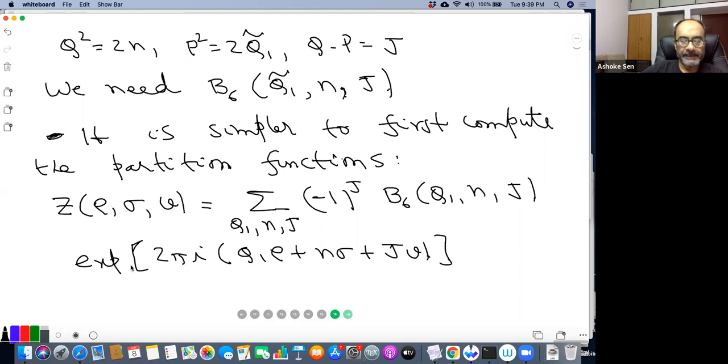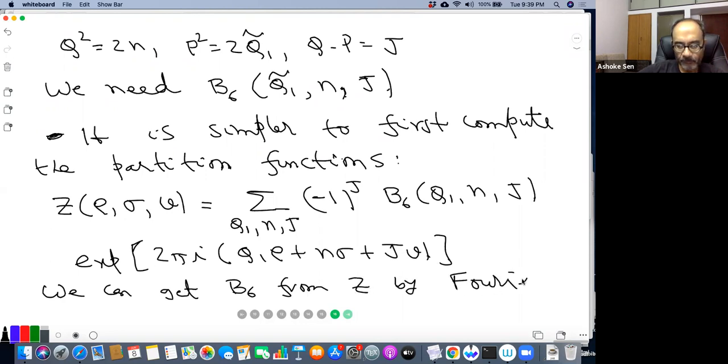So once you have computed Z, we can get b6 from Z by Fourier transform. So you are not giving up anything. It's just that Z is a little easier to calculate first, and that's what we'll do.